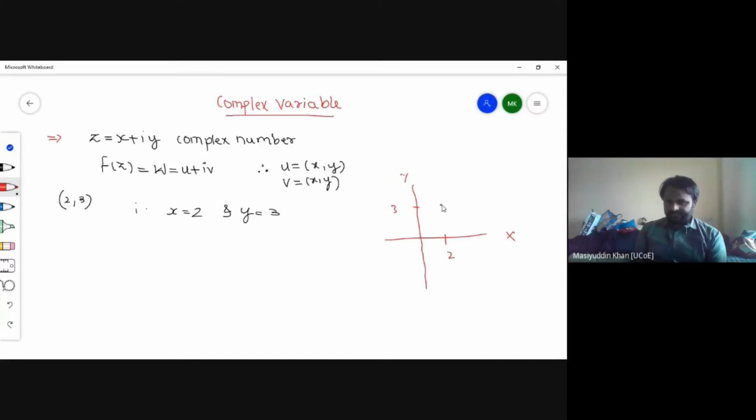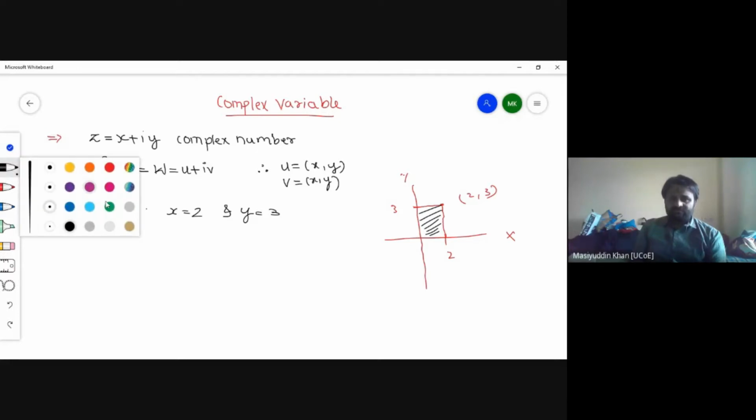So this point we have to consider, 2 comma 3. I'm just going to shade this area.